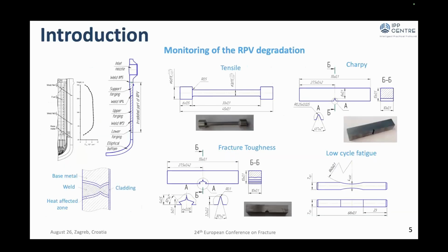For this reactor, according to the design, 4 types of specimens are applied: tensile specimens, Charpy specimens, fracture toughness, and low cycle fatigue. The most valuable is the Charpy specimen, since based on these results, the lifetime assessment of the RPV is made.